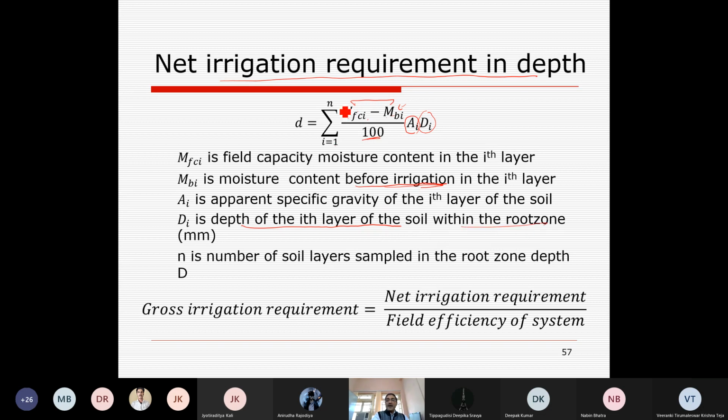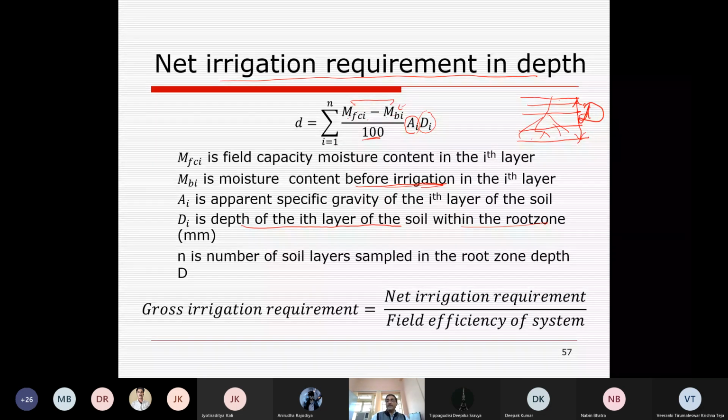Now here I denotes, initially we have taken, suppose this is the depth, sorry, capital D it is written, the depth of soil where roots are there. Now the question is, we are assuming that it's a layered soil, suppose 3 layers or 4 layers, whatever number of layers we can assume depending on the characteristics of the soil depth-wise.